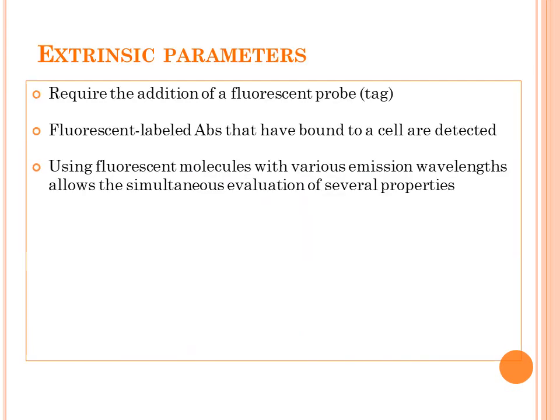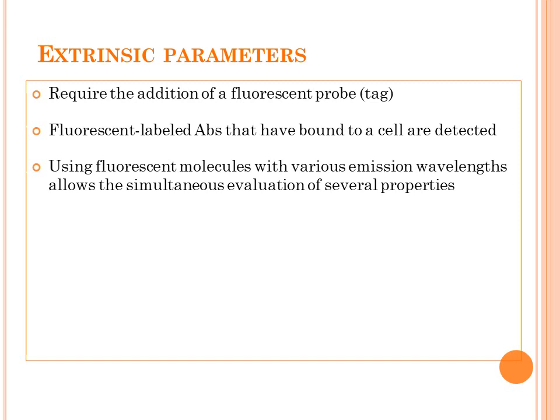The extrinsic properties or parameters of the cells are what we're going to assess using those fluorescent probes. The fluorescent labeled antibodies have bound to a cell with antigens that match those antibodies.